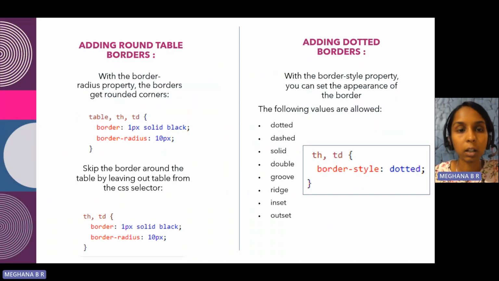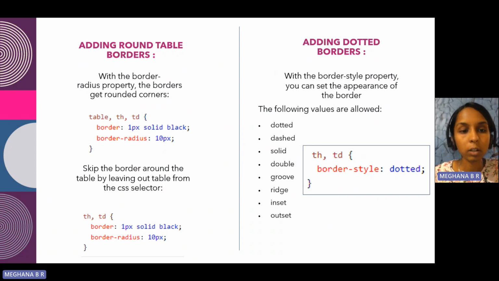Next is adding rounded table borders. When we want the borders to be rounded, we use the border-radius property to get the rounded corners, and the syntax is here.